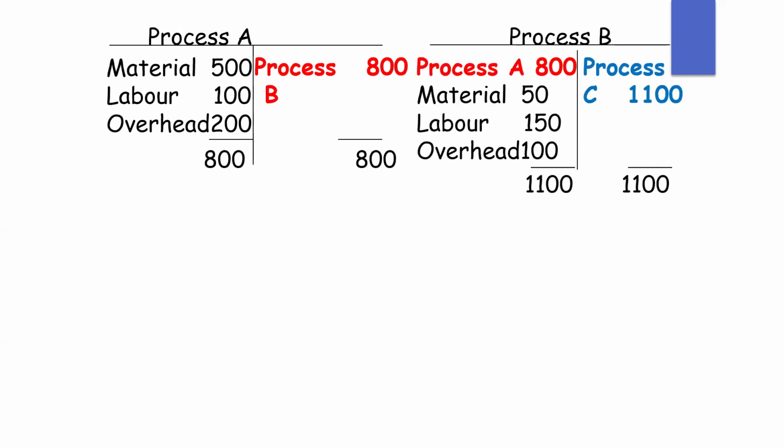In the process B account, other than the output from process A, you have other inputs as well. So you have material 50, labor 150, and overhead 100. Altogether, the output of process B is transferred to the process C account.